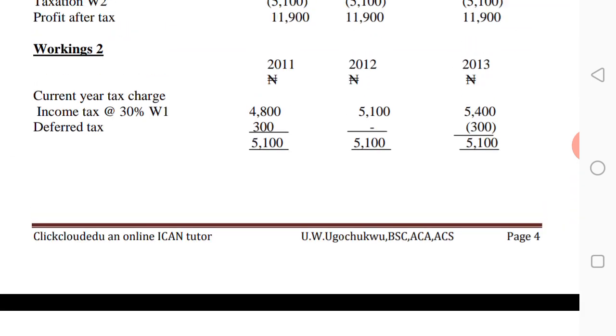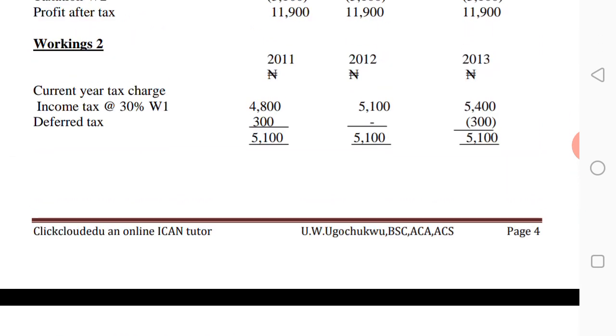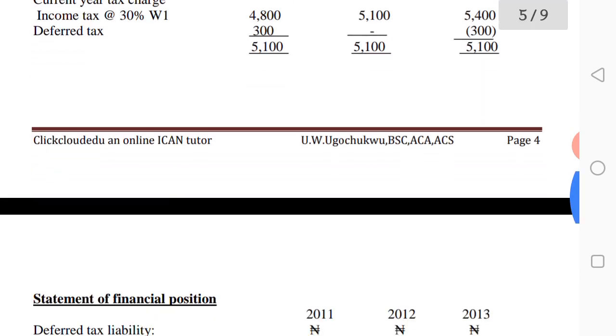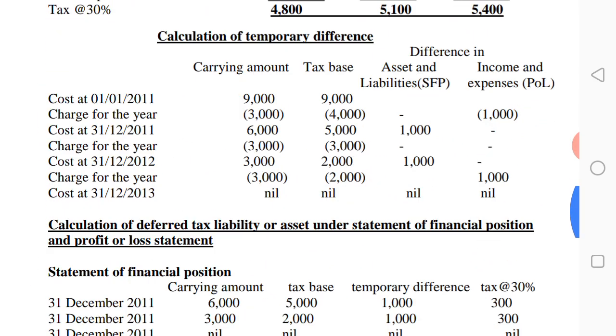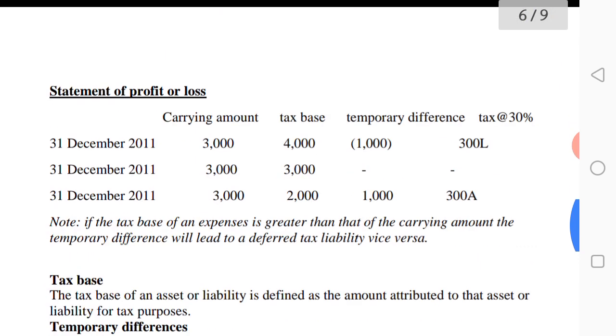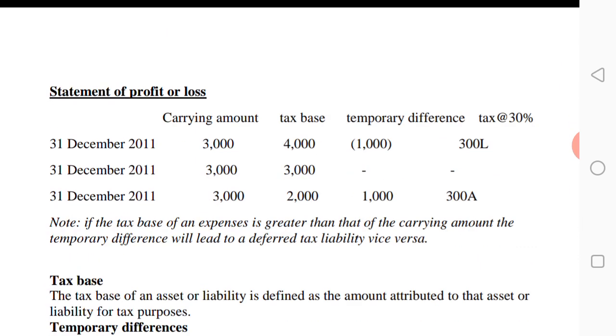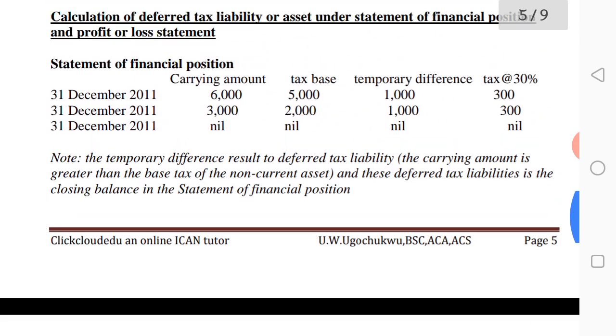Here we debit it to the current tax, which will now increase to 5,100. Here there is no tax, no profit or loss. In 2012 it is nil, no temporary difference, so for profit or loss it is nil.